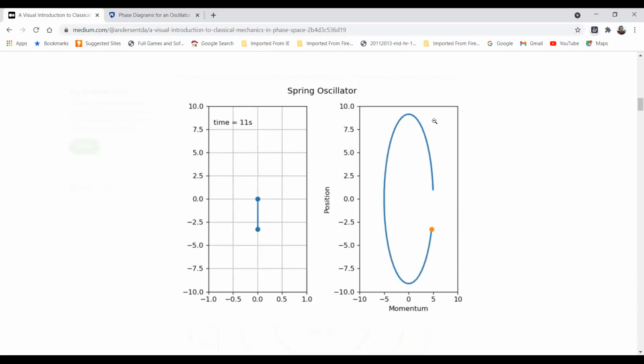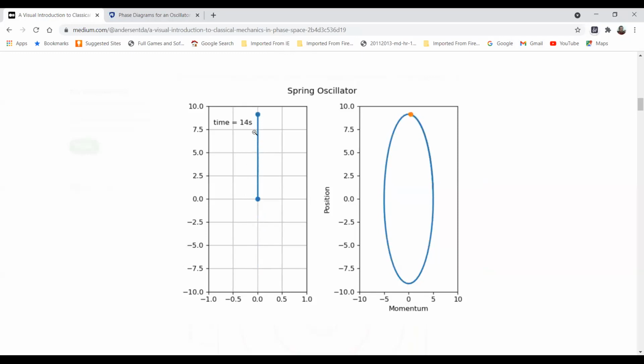It is a circle. That is actually the coordinate system having one position coordinate, one momentum coordinate. What is the position coordinate? It is x. What is the momentum coordinate? It is px, where px is momentum along the x-axis. Okay, this is a spring oscillator which is undamped.